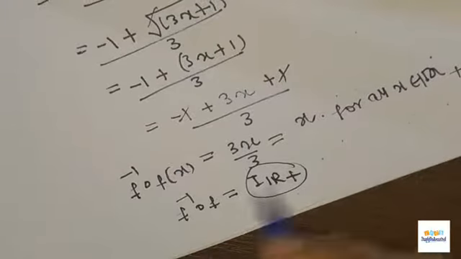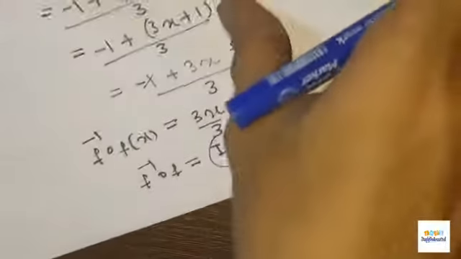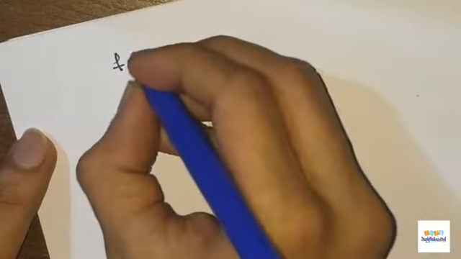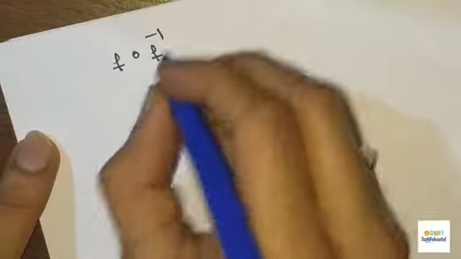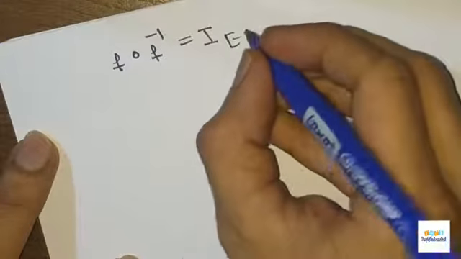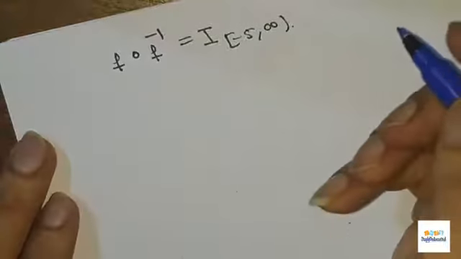Now we have to prove the second condition. So what is the second condition? So second condition is f composition f inverse should be equal to I suffix closed minus 5 comma infinity open.